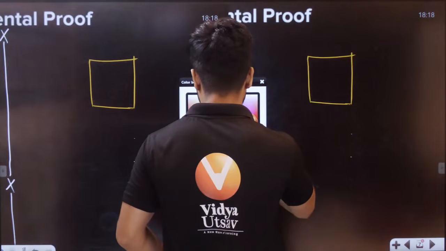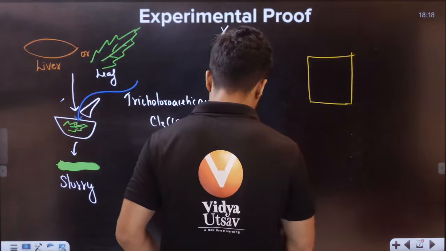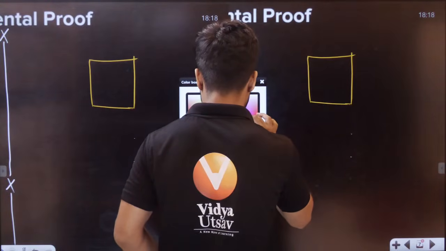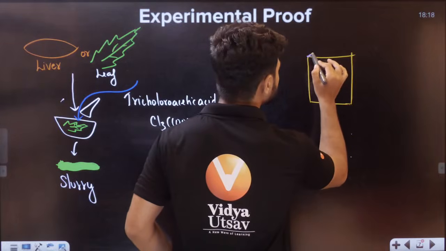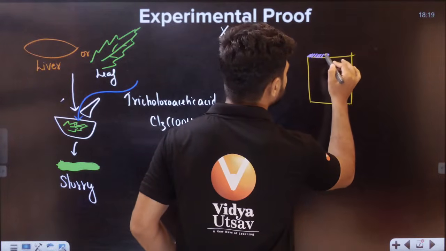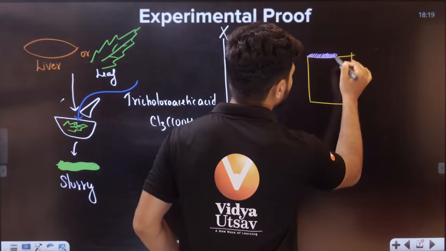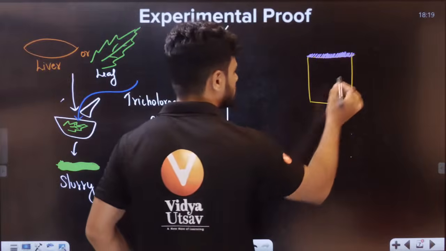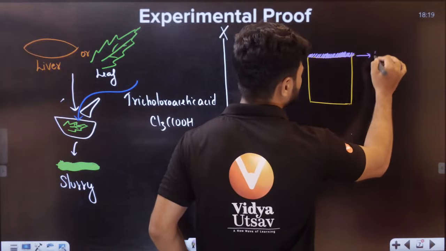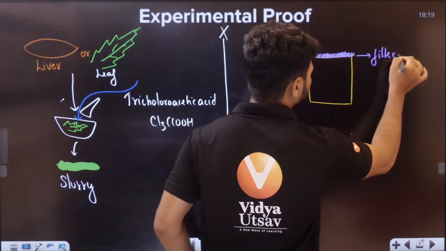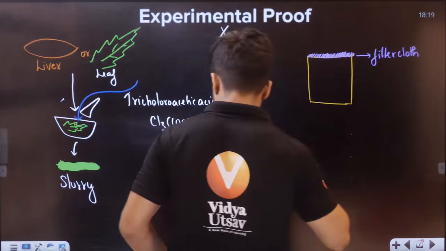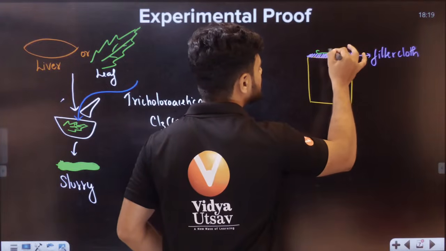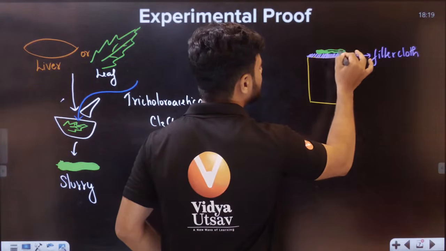On top of this beaker, here I will add a muslin cloth or a cheesecloth, basically for filtration. We add a cloth on top. We can add a cheesecloth or a filter cloth. Now on top of this we add our slurry here, students.